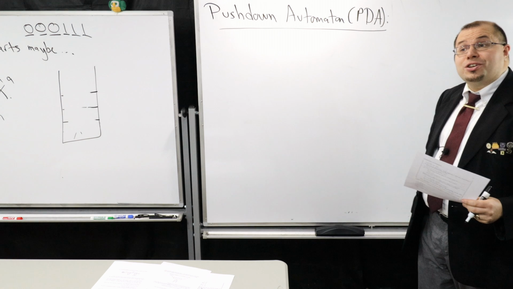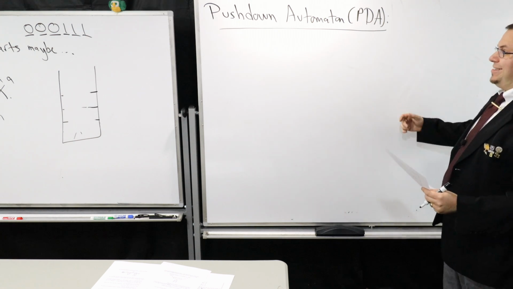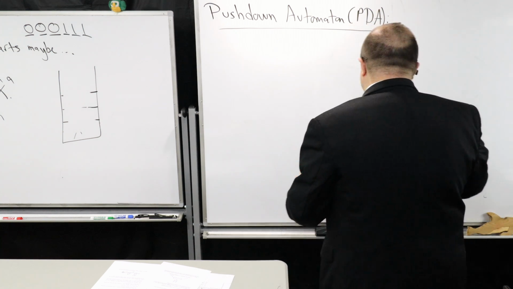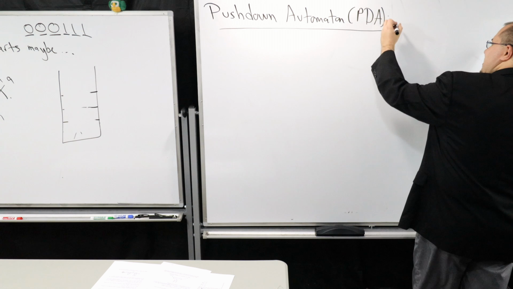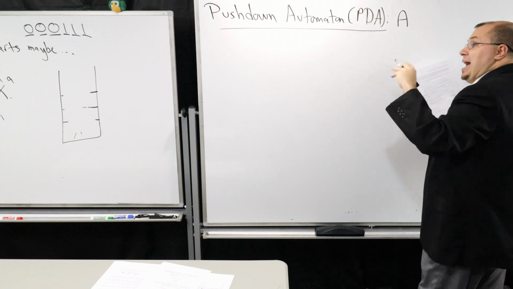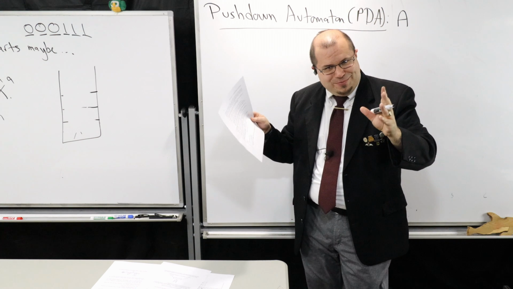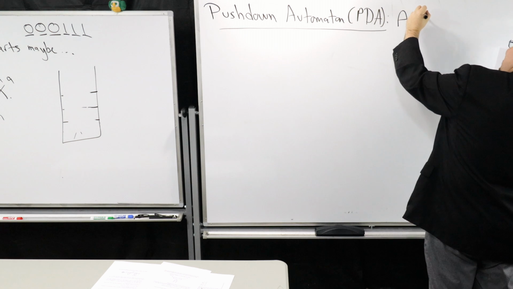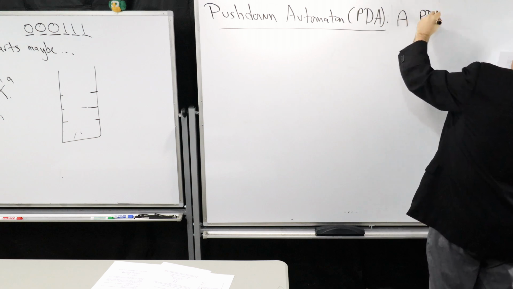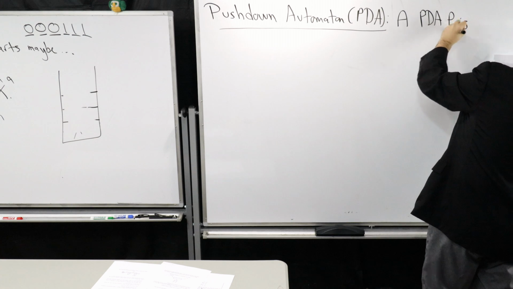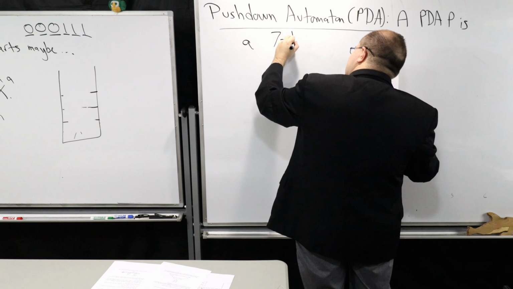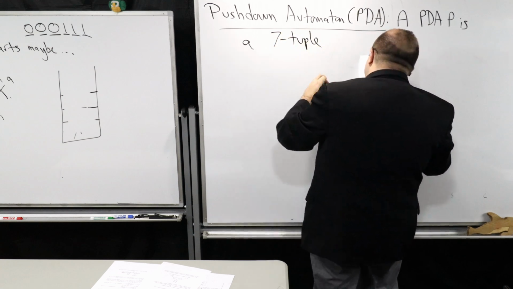By no means should I be the one to tell you that this is the only way to think about PDAs. I must stress this. But here's the definition we're going to use. And like I said, don't let the symbols spook you. A PDA P is a 7-tuple, which means it's going to have 7 parts.